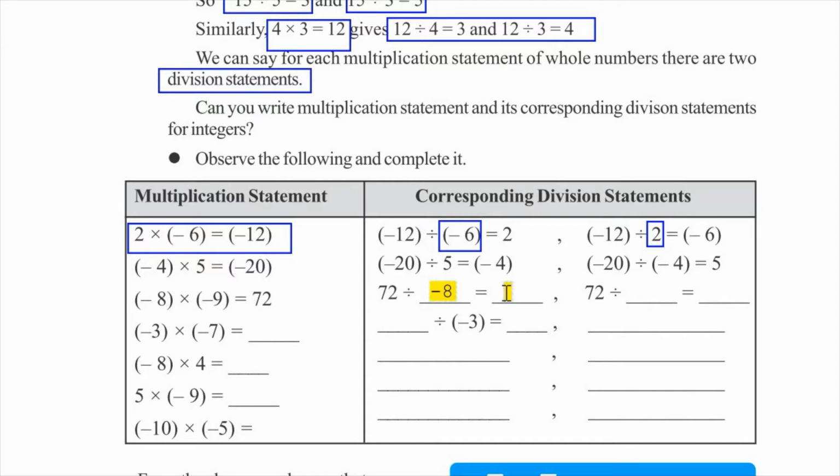This is going to give us the other factor, that is minus 9. Similarly, you can then take minus 9 to be the divisor and you will get minus 8 as the answer. Remember, these are just terms that we have given to the individual terms in a division statement. This is the dividend, divisor and quotient. Similarly, you can answer the rest of the questions given here.